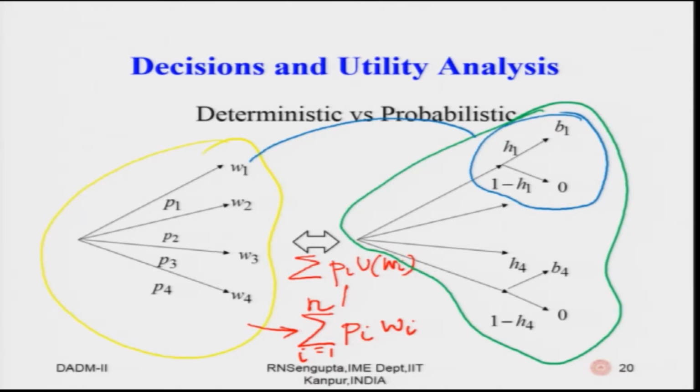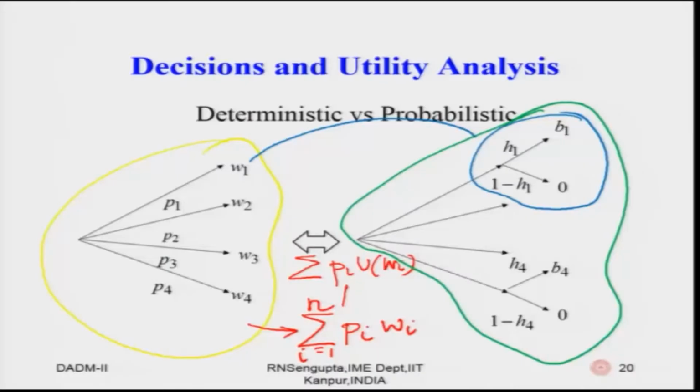Now, H1 and 1 minus H1, if it is a fair gamble, will be half, and the corresponding values of B1 and 0 would be based on whatever utility function you are utilizing for W1, if at all it is a utility function, then you will use the same utility function on the right hand side for the diagram which is given, which I basically circled using the green color.